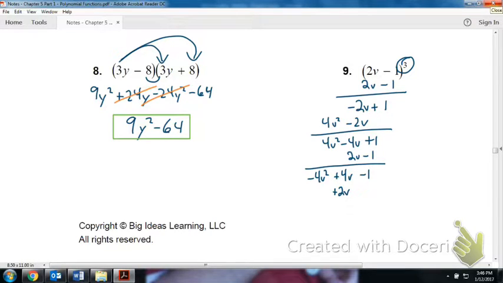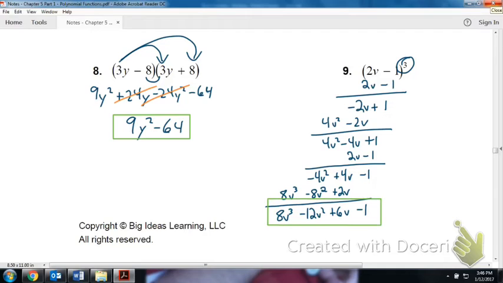Sorry, horrible joke. 2 times negative 4 is negative 8, so negative 8v squared. 2 times 4 is 8, so positive 8v to the third. Draw your line, bring them down. So negative 1, 4 plus 2 is 6, so positive 6v. Negative 4, negative 8, that's negative 12v squared. And then last but not least, 8v cubed. All said and done.